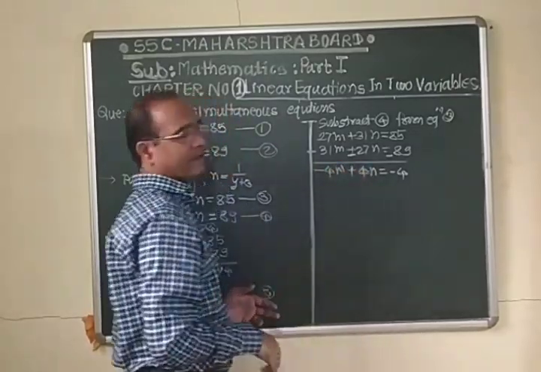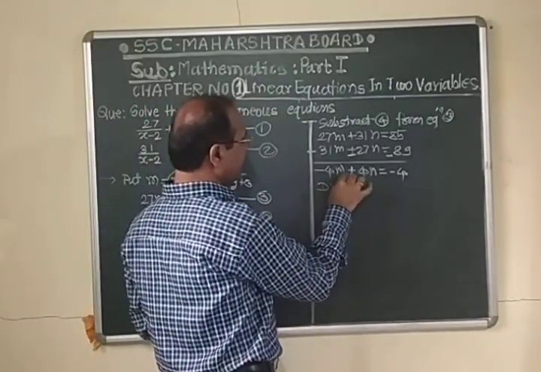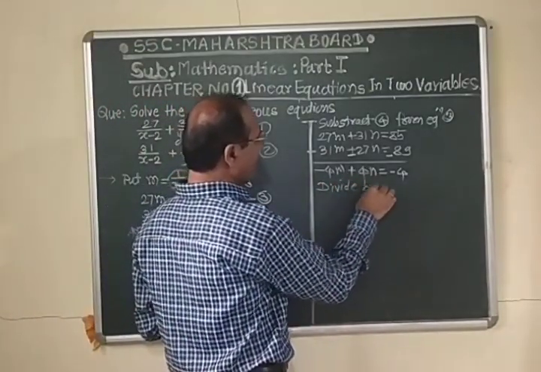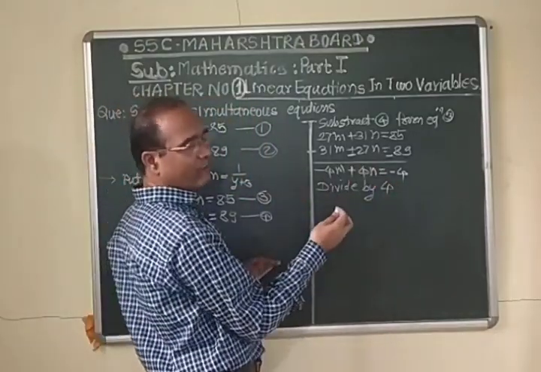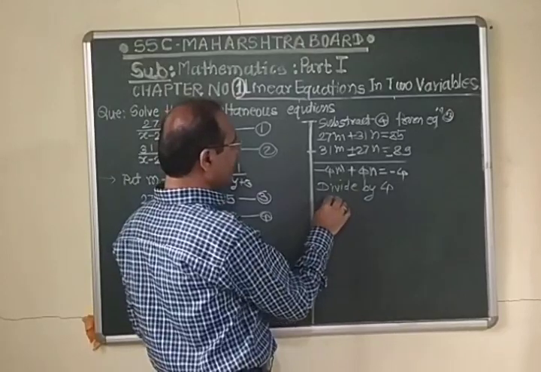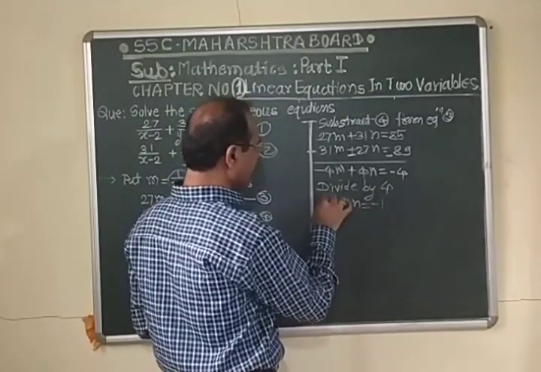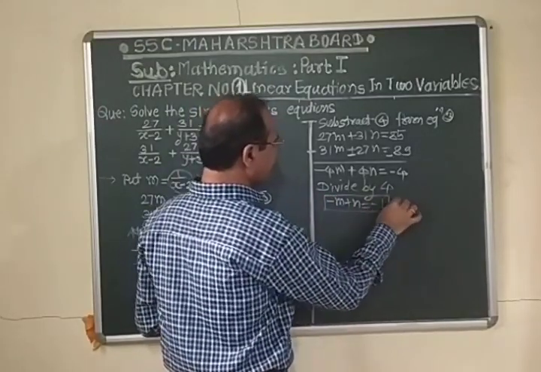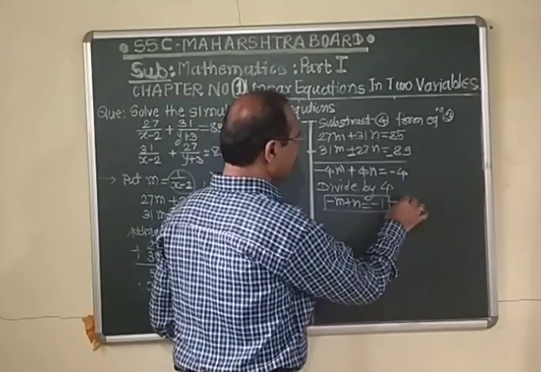Now divide by 4, so that the equation gets into a more simplified form. We get minus m plus n equal to minus 1. Call this equation number 6.